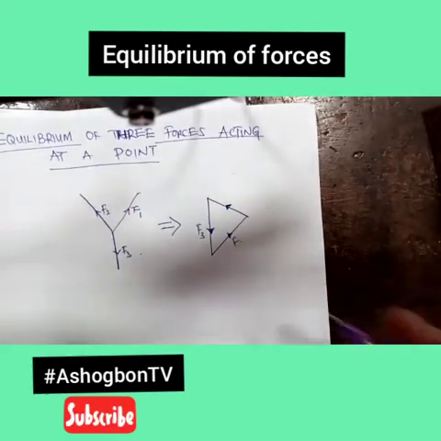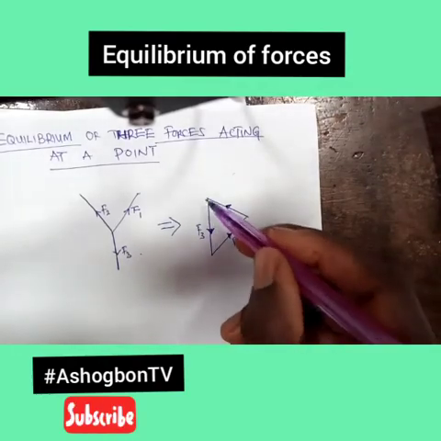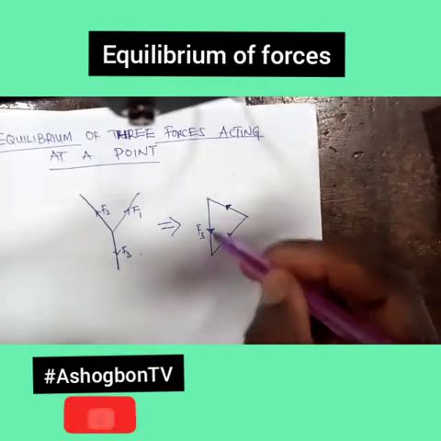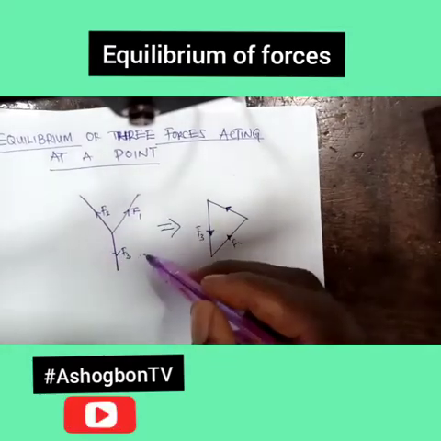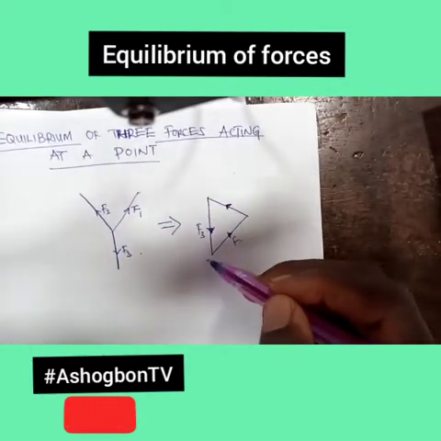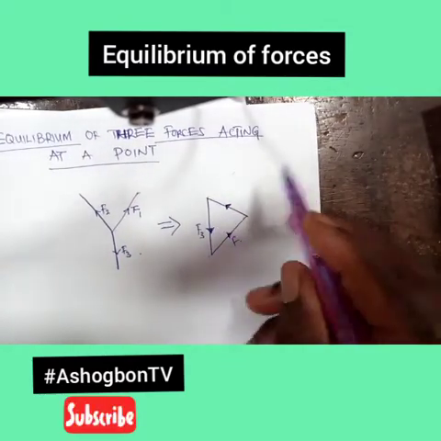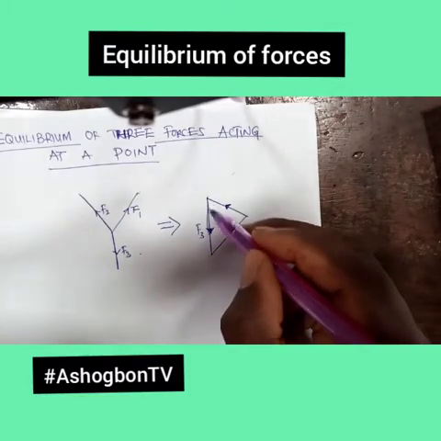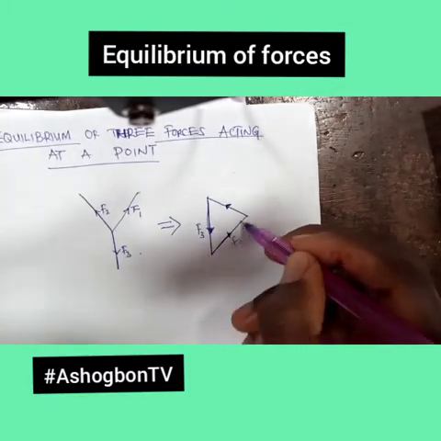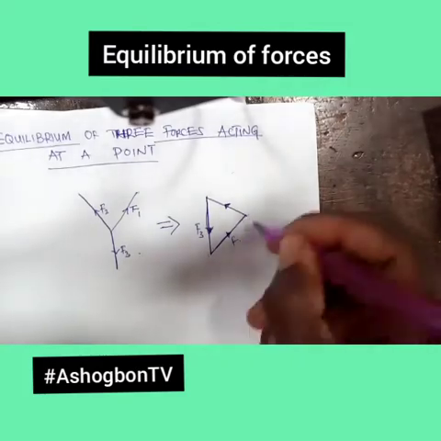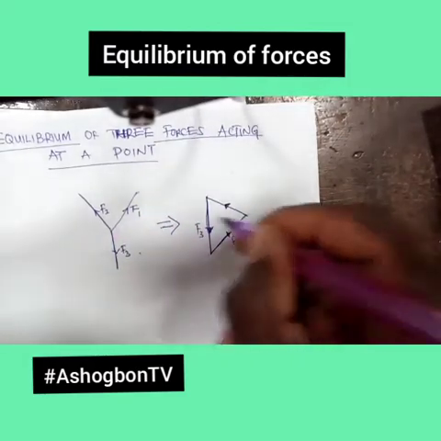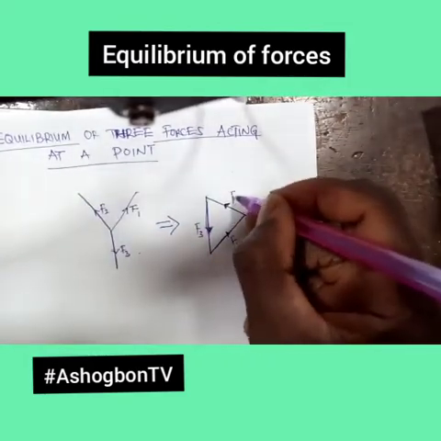So what this is telling you is simple. It's saying that if you are to form a triangle from these 3 forces, these sides must be taken in order. That is, if you check the direction of this force, you will see that it is the continuation of the second one. And this was actually F1. And this was actually F2.